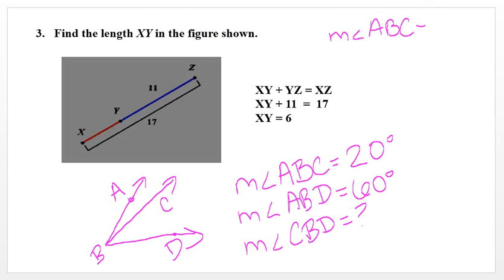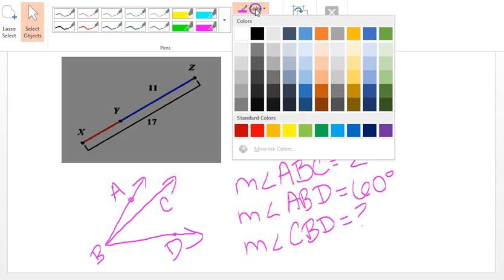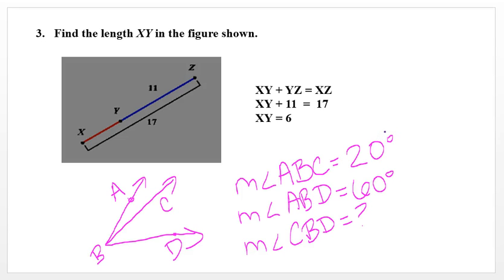The measurement of ABC plus the measurement of angle CBD is equal to the measurement of angle ABD.